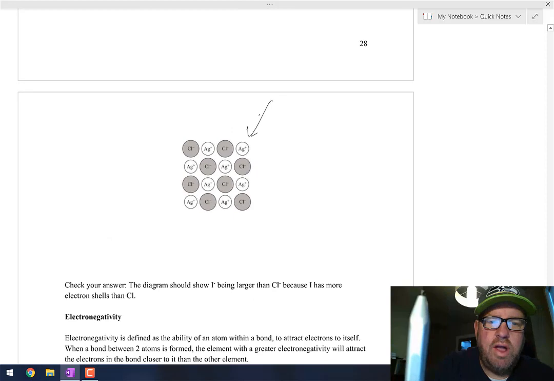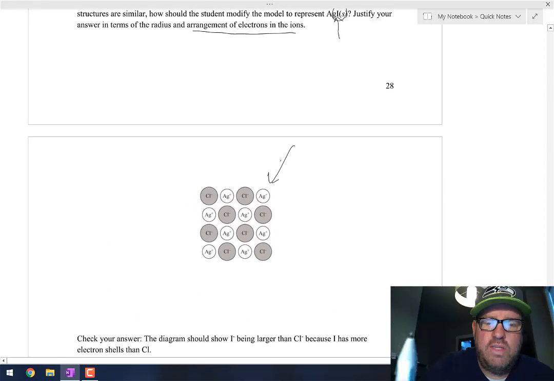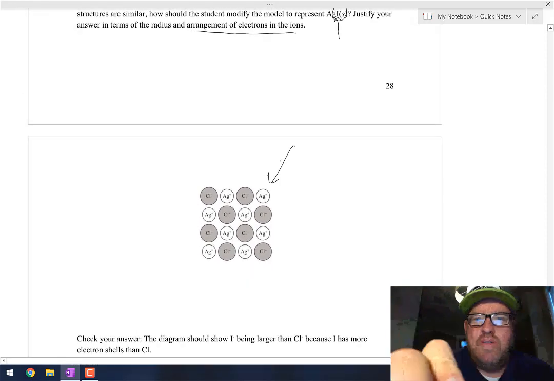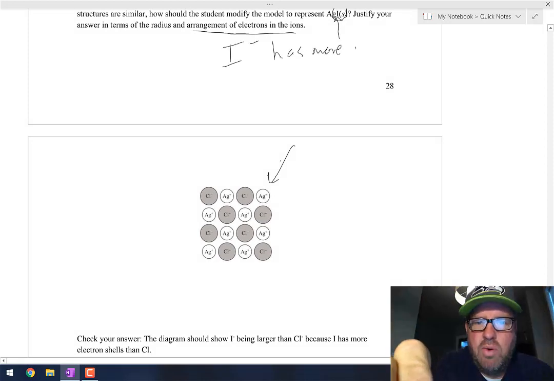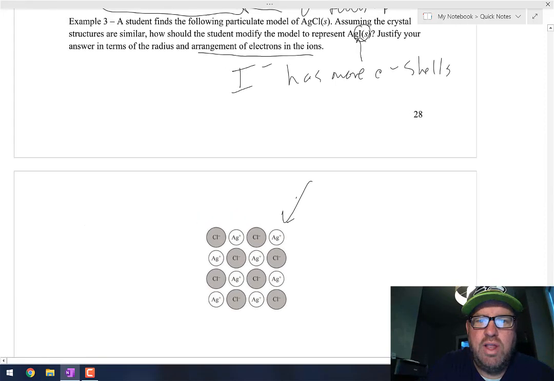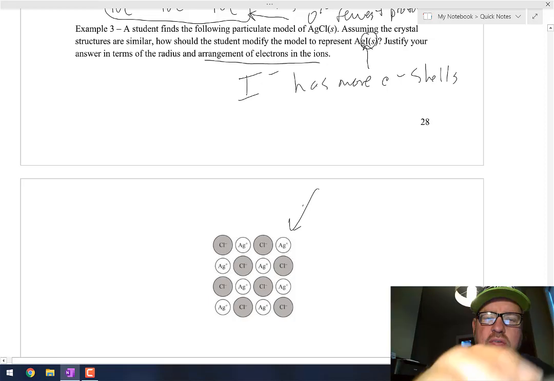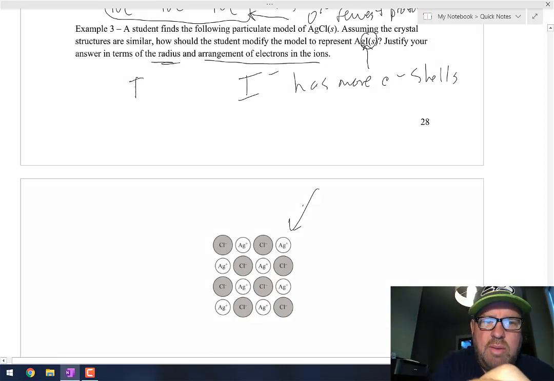Okay, really all that you would need to show is that in terms of the arrangement of the electrons in the ions, basically you want to just say that I minus has more electron shells. And if it has more electron shells, then the I minus radius is bigger.